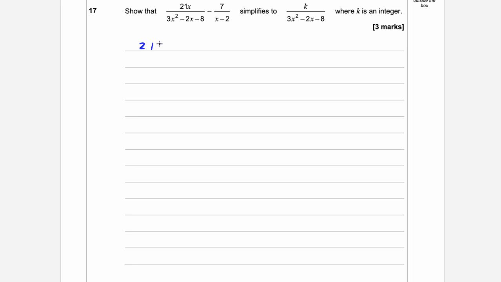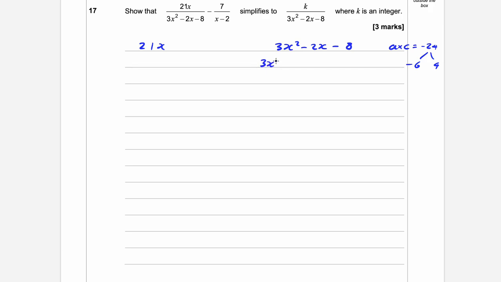So 21x over 3x squared minus 2x minus 8. A times c, let's just do this separately, guys. A times c is 3 times minus 8, which is minus 24. Factors of minus 24 to give me this are minus 6 and 4.